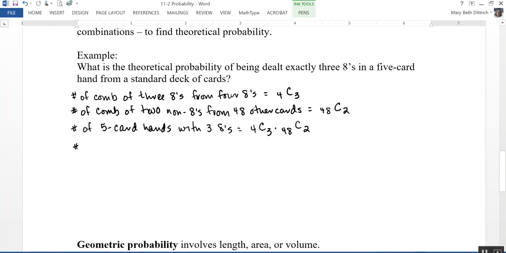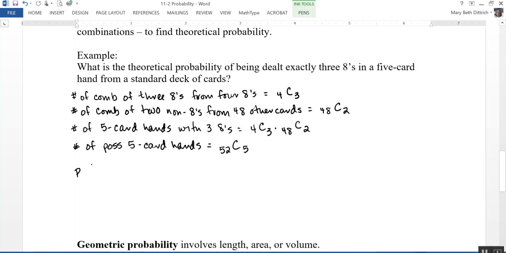Now I need to find the number of possible 5 card hands. It doesn't matter what's in the deck, but how many different hands can I get? Well, there are 52 cards in the deck, order doesn't matter, and I'm going to be dealt 5 of them. Let's go ahead and write our probability statement here.